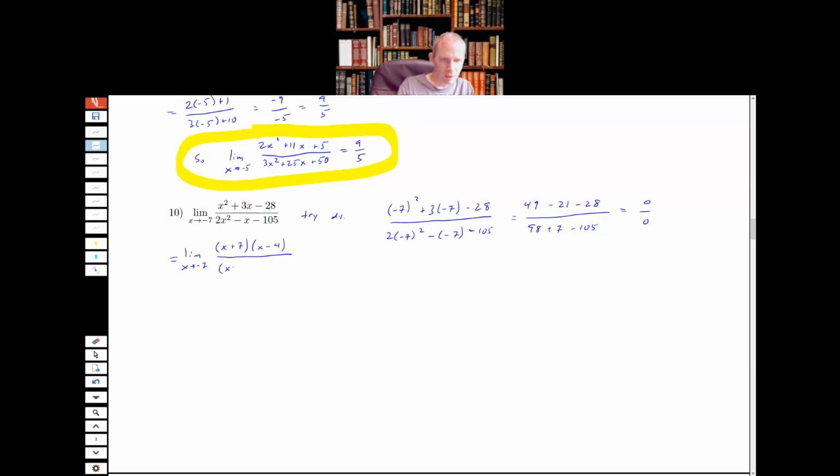Okay. X plus 7 is also a factor of the denominator. To get a 2x squared, I have to multiply x by 2x. To get a 105, I have to multiply a 7 by, I believe that's 15. I should double check, but I think 15.